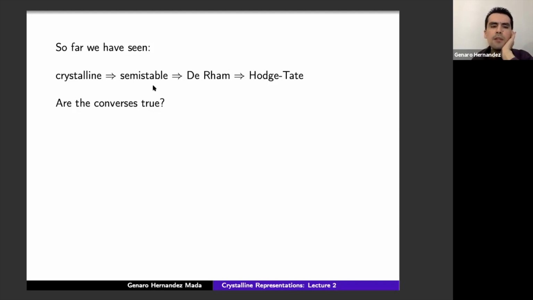Because the good reduction criterion that one usually obtains is that the variety has good reduction if the Tate module, the étale cohomology, is crystalline, for example for curves, or for K3 surfaces. We also have a criterion like that.